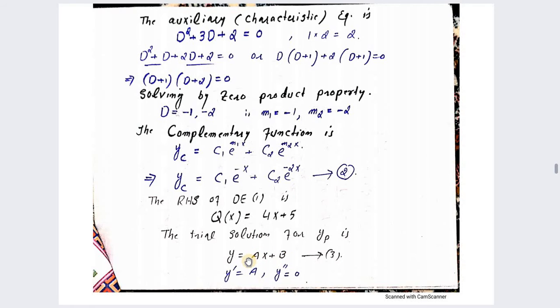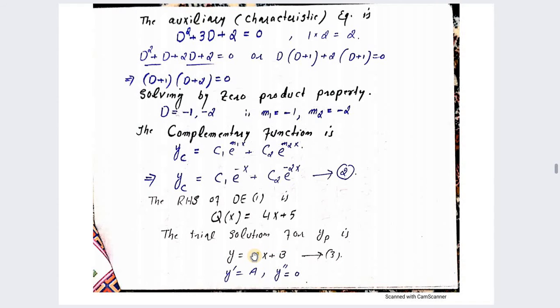So this is the generalized linear polynomial corresponding to the function q lying to the right hand side. Since this q is a linear polynomial, the trial solution will also be a linear polynomial.